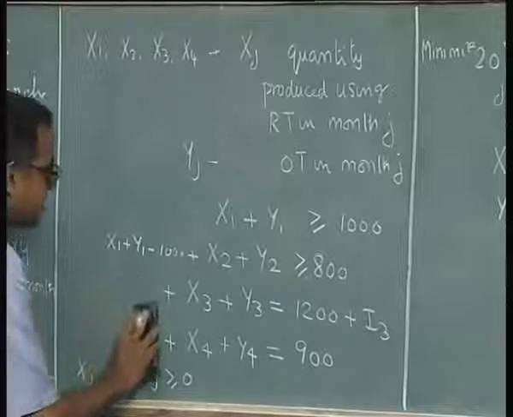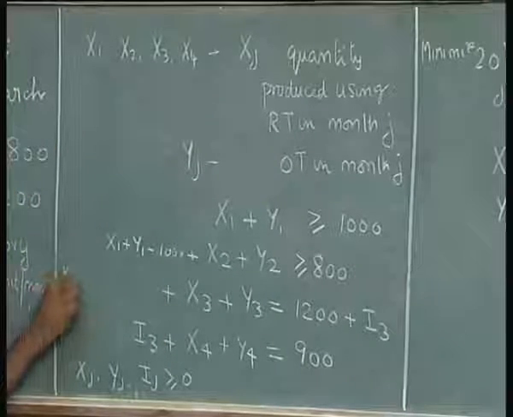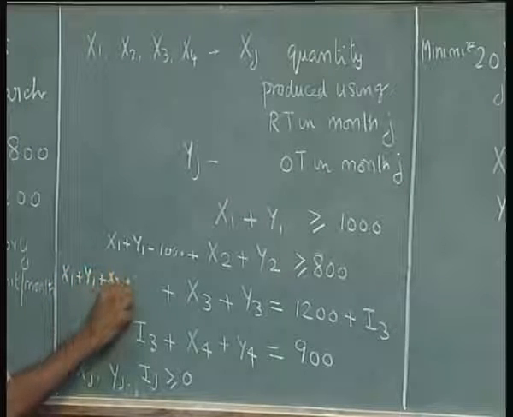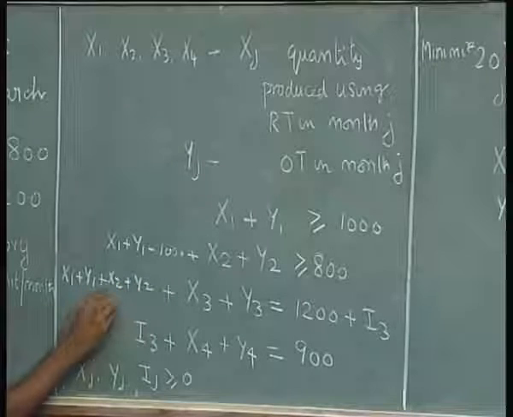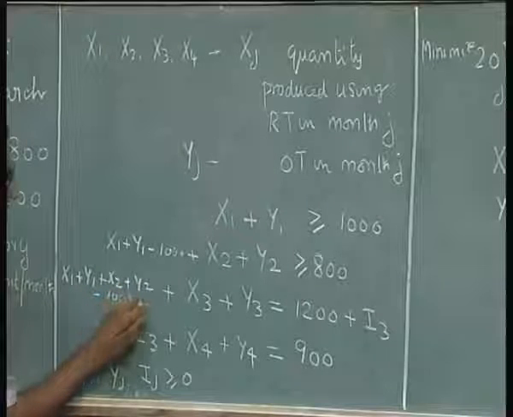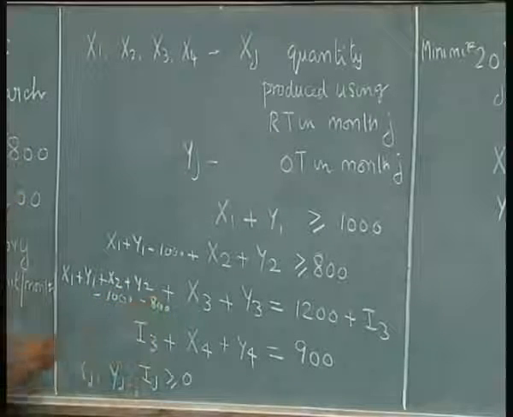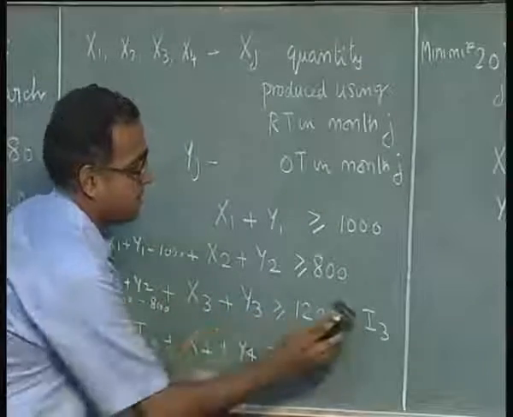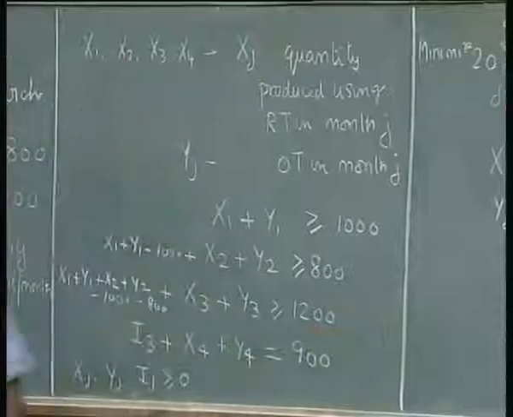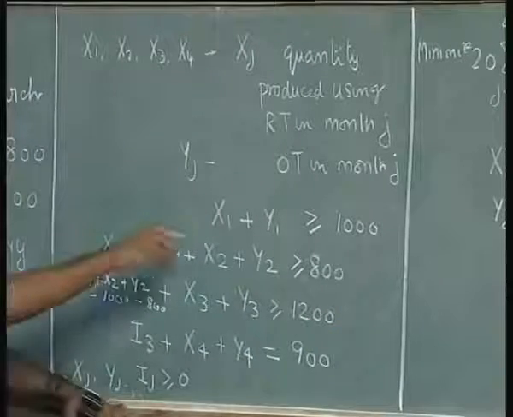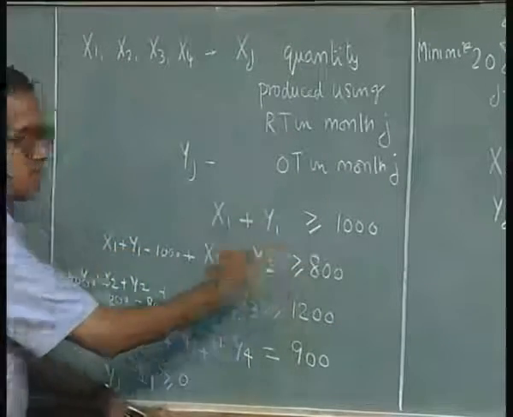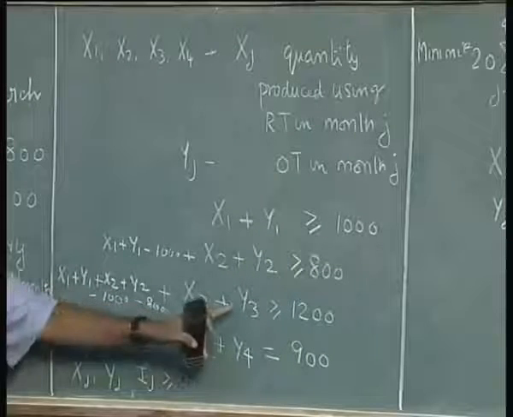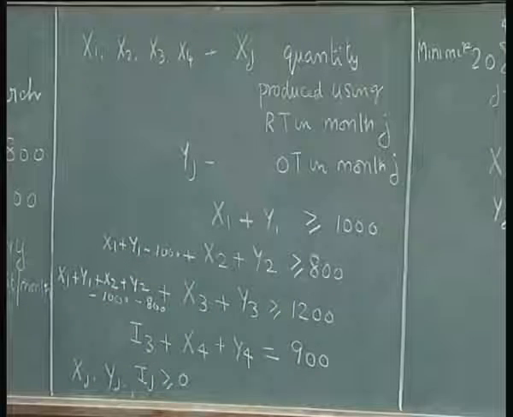So this I2 is nothing but x1 plus y1 plus x2 plus y2 minus 1000 minus 800 will be greater than or equal to 1200, and we eliminate this I3 because I2 is nothing but this left hand side minus 800. So we substitute for I2 here to get this, and we also eliminate this I3.